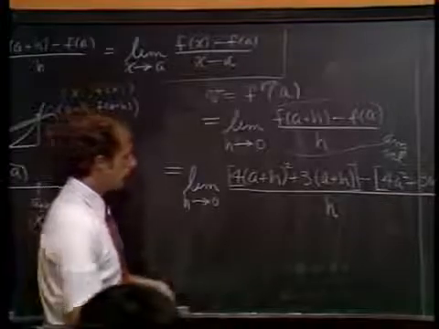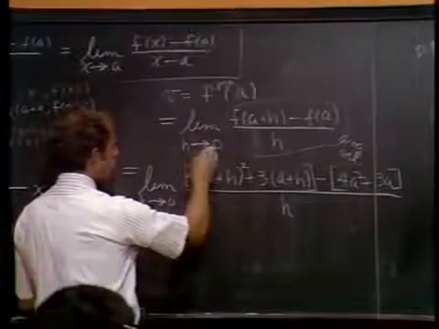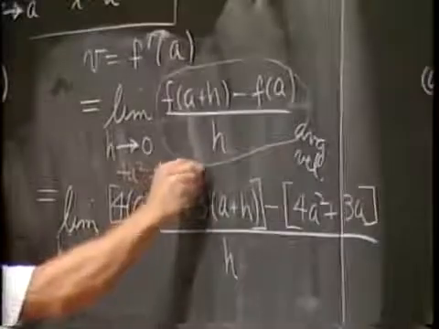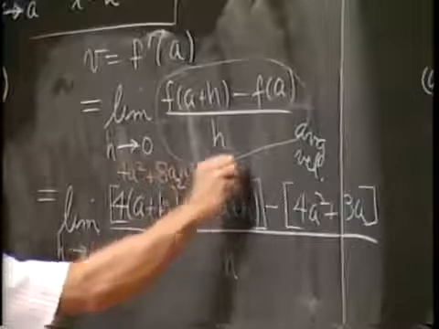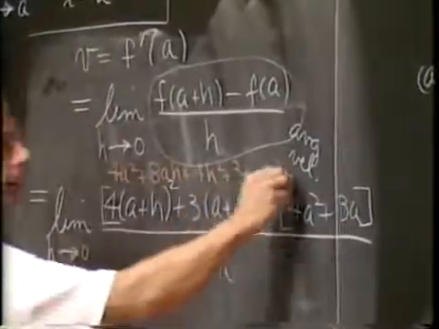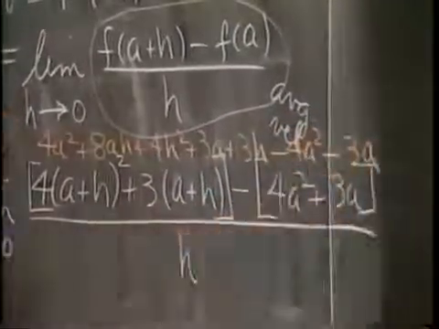Okay, well, let's see how much algebra we can get through. If we expand this out, we'll get 4a squared plus 8ah plus 4h squared. Out of here, we get 3a and a 3h. Out of here, negative 4a squared, also negative 3a.